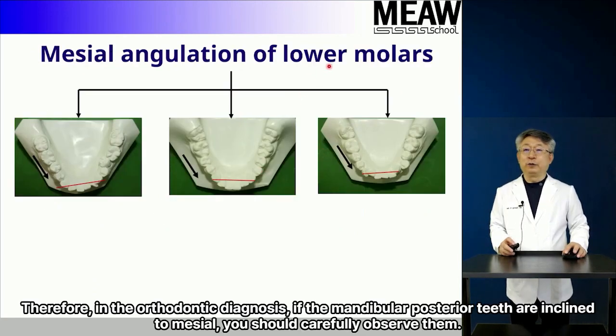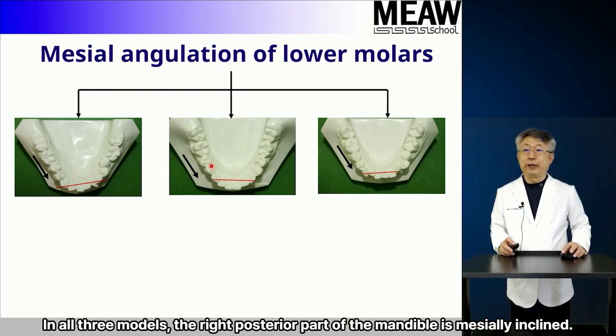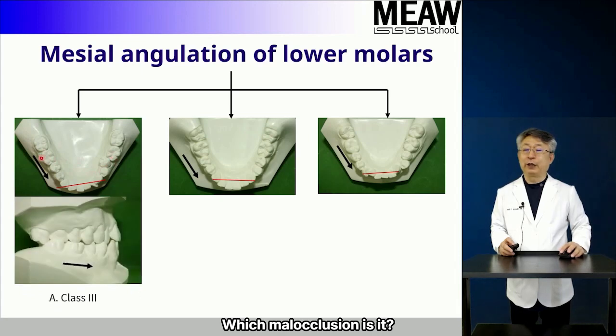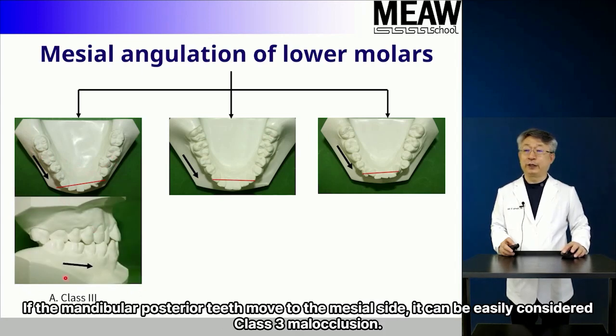Therefore, in the orthodontic diagnosis, if the mandibular posterior teeth are inclined to mesial, you should carefully observe them. In all three models, the right posterior part of the mandible is mesially inclined. Which malocclusion is it? If the mandibular posterior teeth move to the mesial side, it can be easily considered class 3 malocclusion.